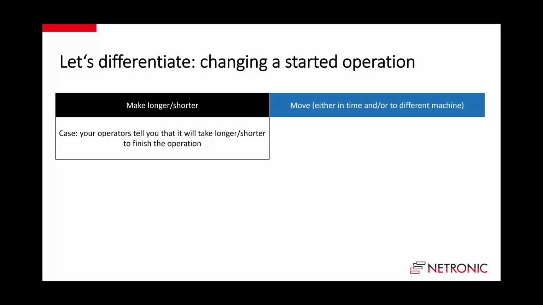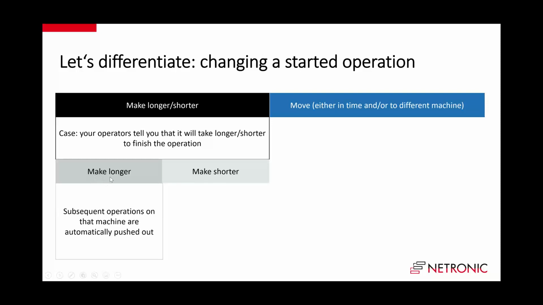And now they say, okay, actually, I could run the machine faster. I will be finished earlier. Or the material is not that good. We need to slow down the machine. It will take longer. Whatever it is, you get information that it will take longer or shorter. So you need to make it longer or make it shorter.